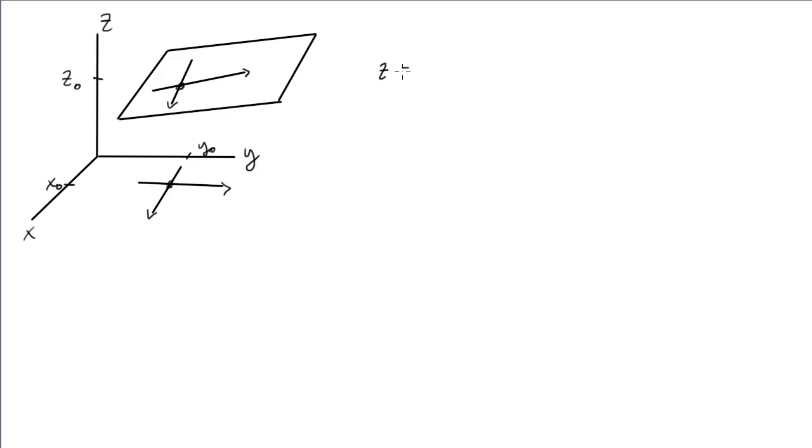Z is the equation of a line in point-slope form in either coordinate. And now I'm just going to rewrite it in a more vector-friendly format.